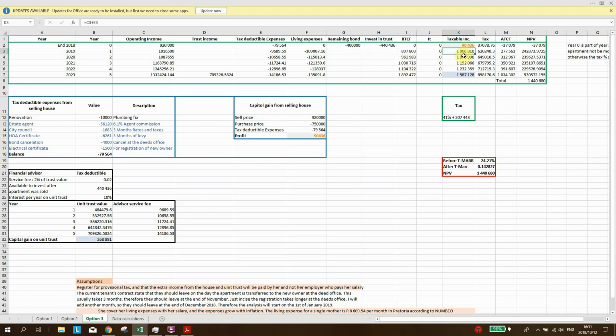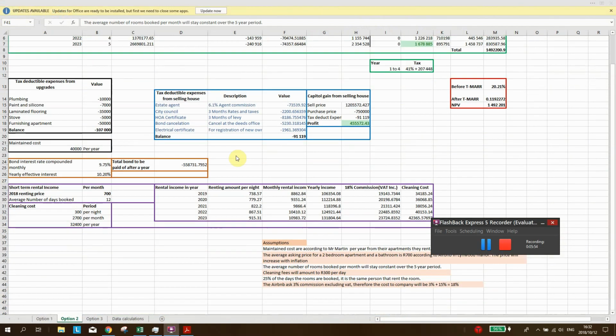So all the taxable income was only from operating minus the tax deductible expenses, and then you can calculate your NPV from the MARR, which was on the data calculation sheet. Okay, let's go on to option 2.